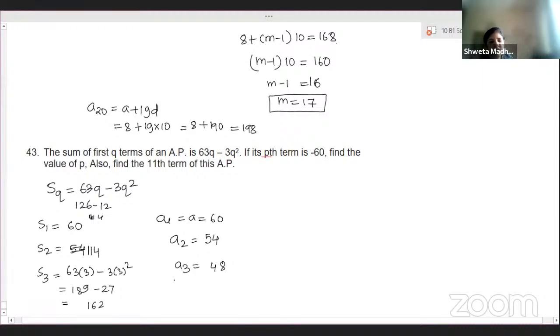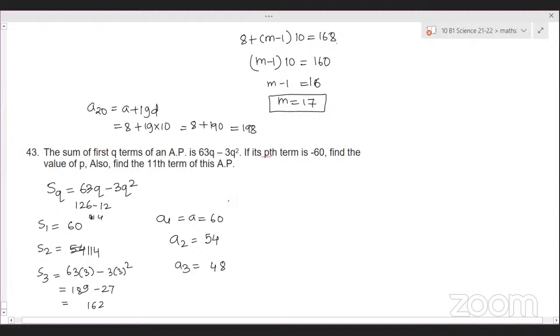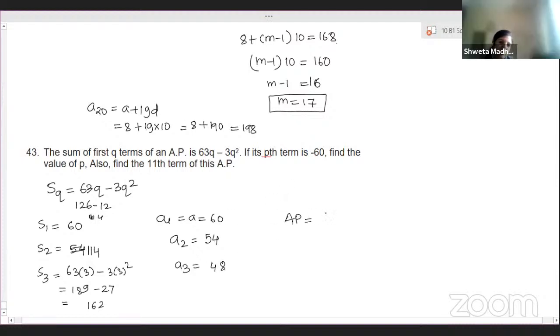Here it is decreasing. So the AP is equal to 60, 54, 48, and so on. The difference is minus 6. A is 60. Then they are asking A_p.